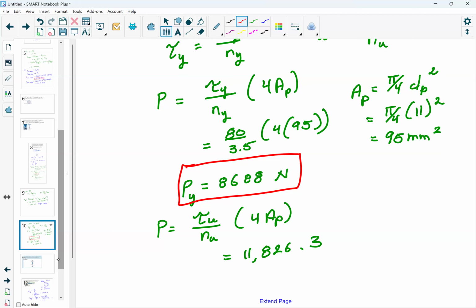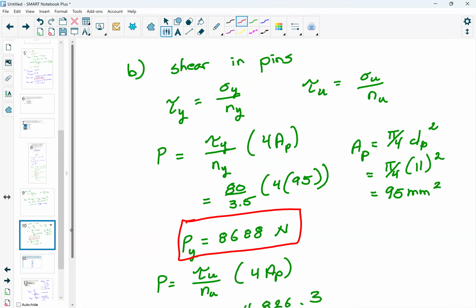Dr. Minky, yeah, so on your screen right now where you have the force equals tau sub y over n sub y, and then you have force equals tau sub u over n sub u. What would you call the tau sub y again?